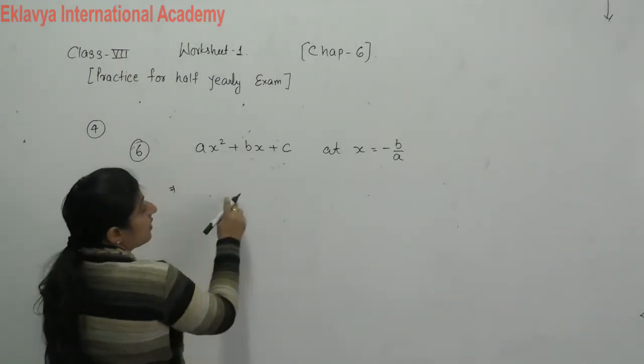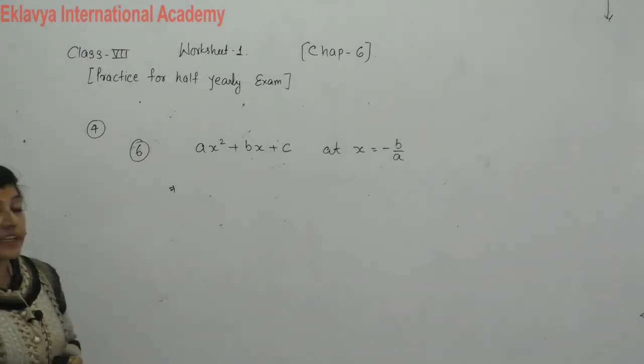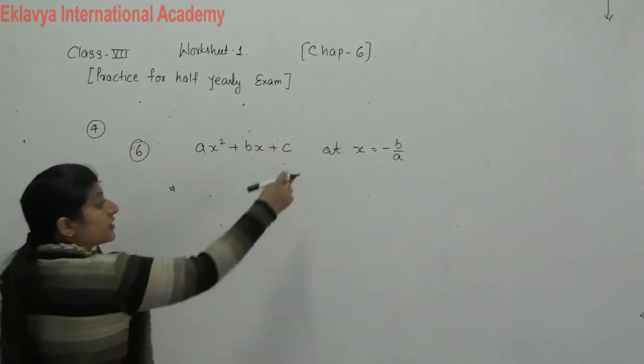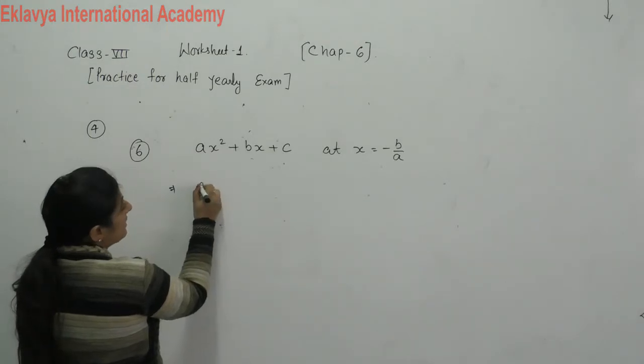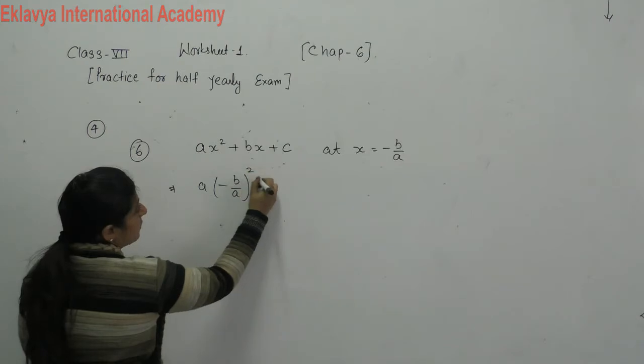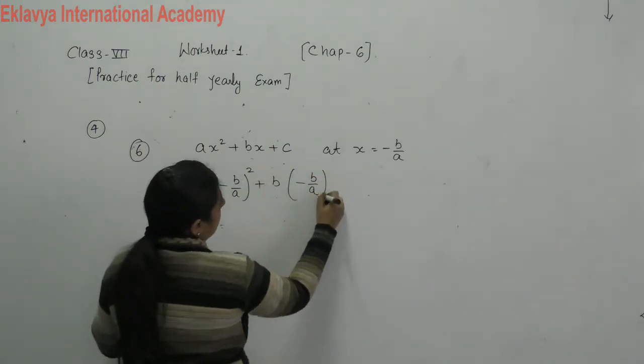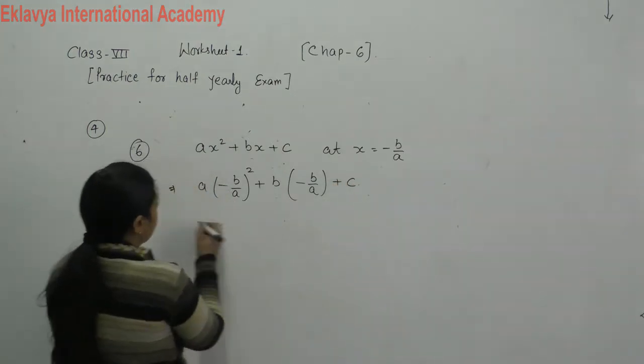See in this, what will we do for finding the value of this given expression? We will put the value of x in this, then x value is minus b upon a: a into minus b upon a square plus b into minus b upon a plus c.